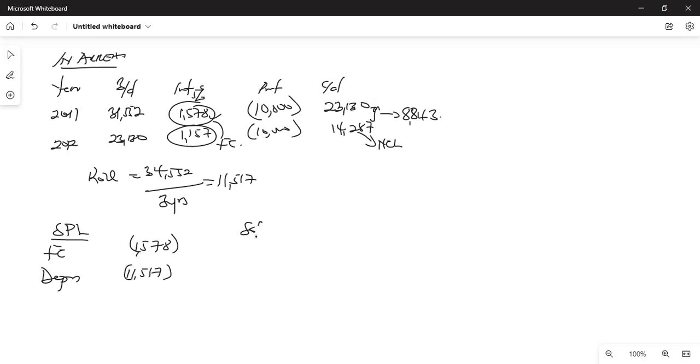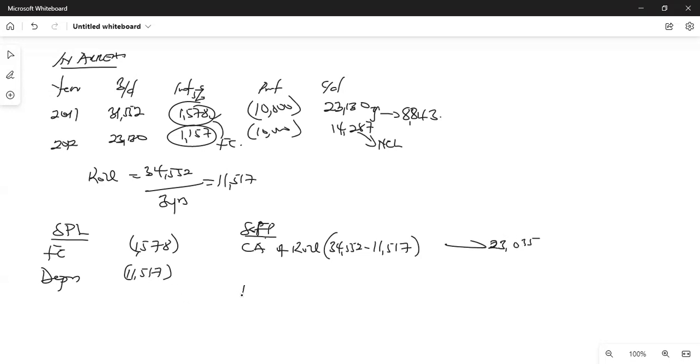When you go to the SOFP, what is the CA of the right of use? We have the asset at 34,552. We need to take off the depreciation for that particular time, which ends up at 23,035.